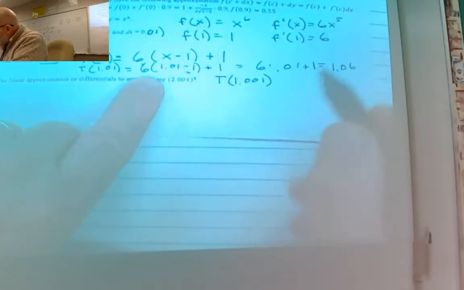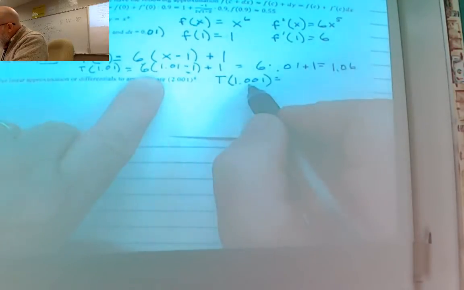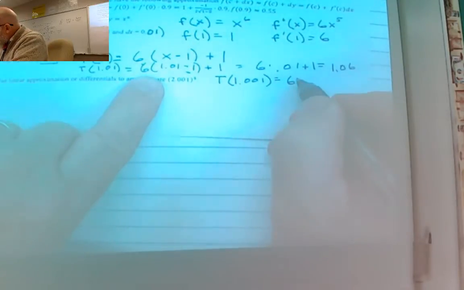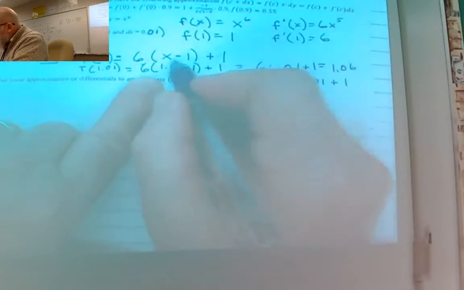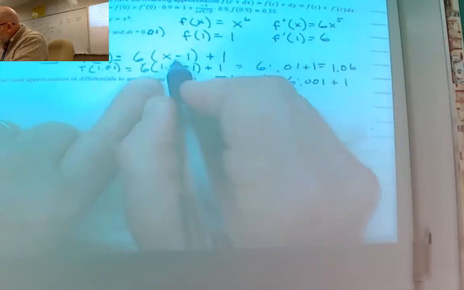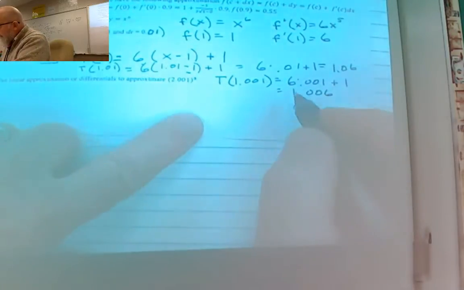Ryan's asking. Do you have an idea? What's the difference between this and the number 1? So I'm going to have 6 times 0.001 plus 1. This is what you get when you plug in 1.001 and subtract 1. So what's my answer? Well, it's going to be 1 plus 0.006. That's what my approximation is.